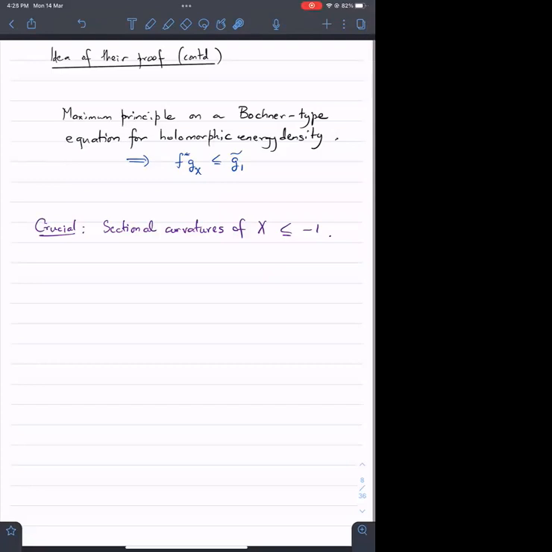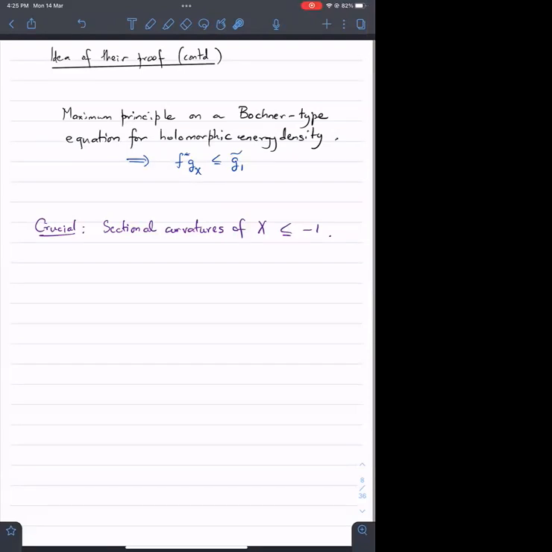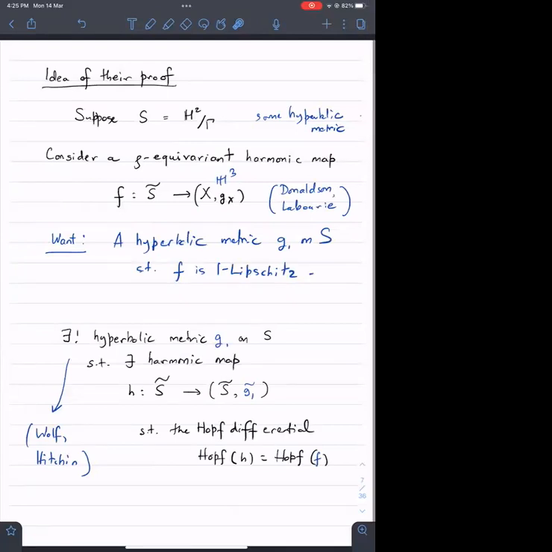And what exactly is the property of the map from this modified target to X, or H3? Essentially, I'm asking, if the Hopf differential is 0, there is no stretch, right? What property does it have?